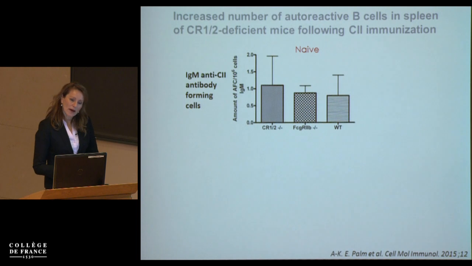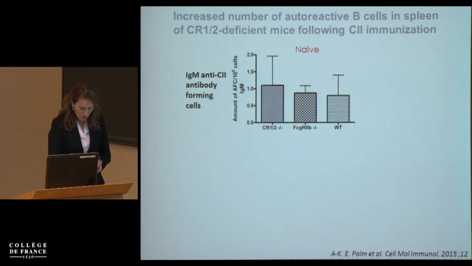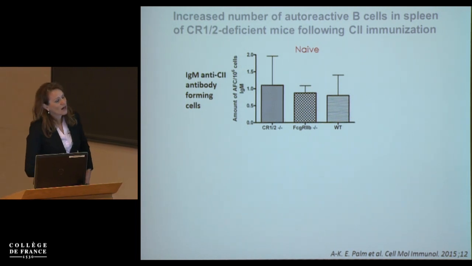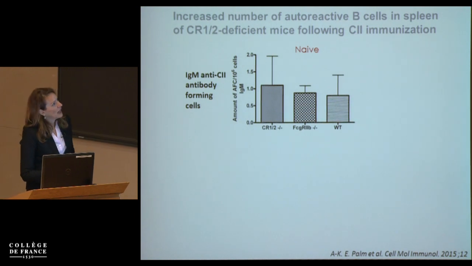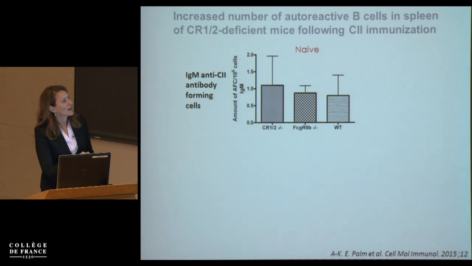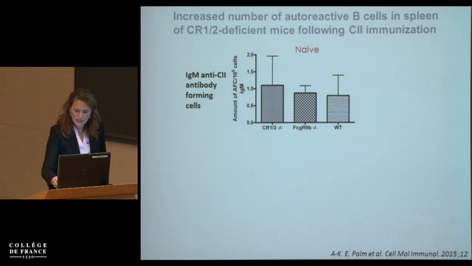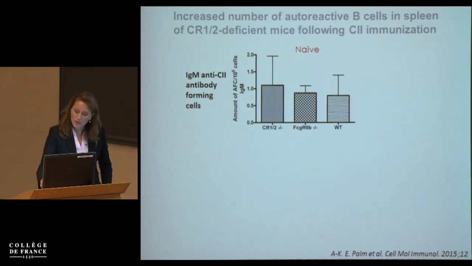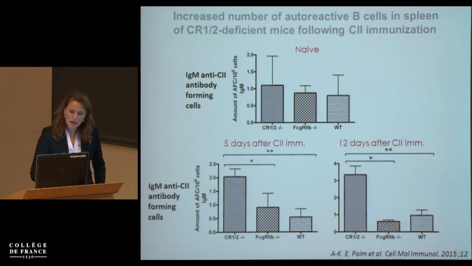So then we had the knockout mice, and we also wanted to see how their response to collagen looked. When you compare this IgM response with this ELISpot, where you take B cells and put them on the plate against collagen, these are naive mice, untouched, they produce about a similar amount of this self-reactivity. It's very low, but it's still there, it's significant.